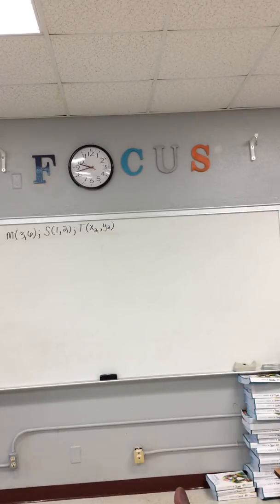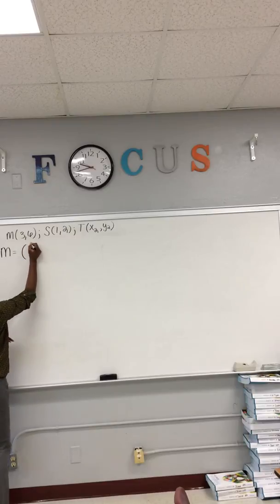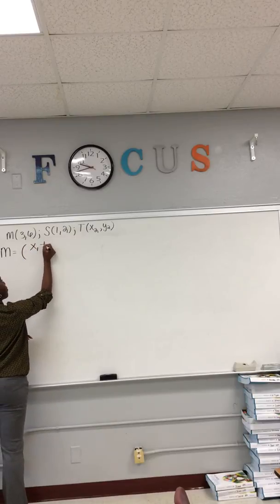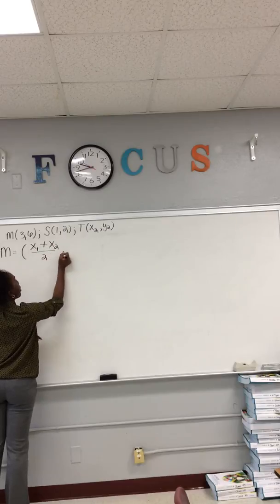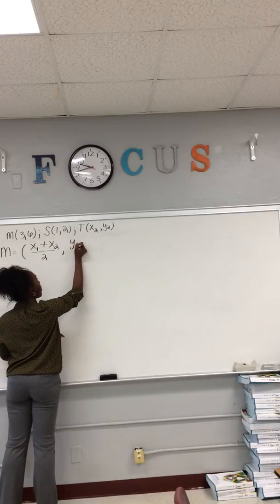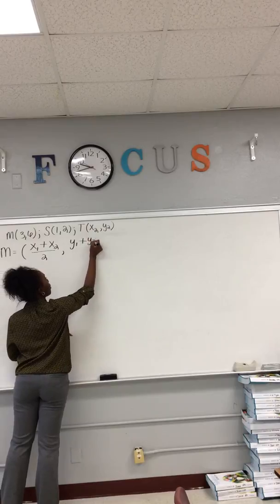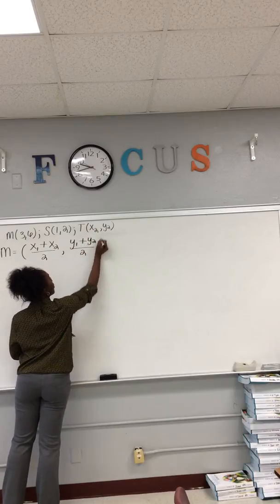So I first need to set up my equation. The midpoint formula that we found was (x1 plus x2 divided by 2, comma, y1 plus y2 divided by 2).